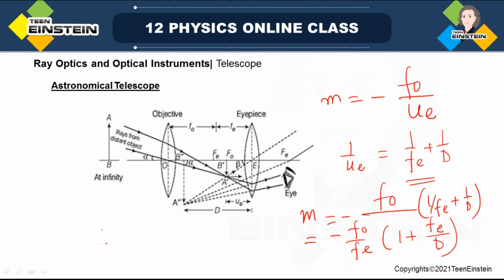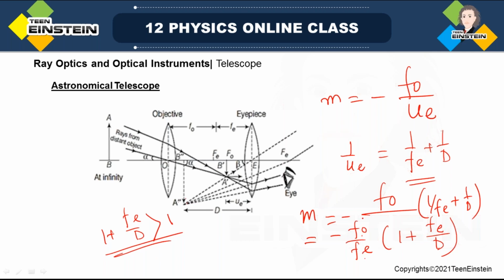Look, in this case, this factor 1 plus fe by d will always be greater than 1. That means it is providing some kind of magnification, multiplied with this f naught by fe.